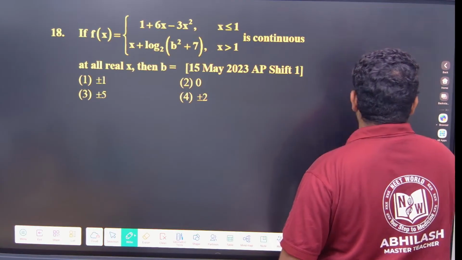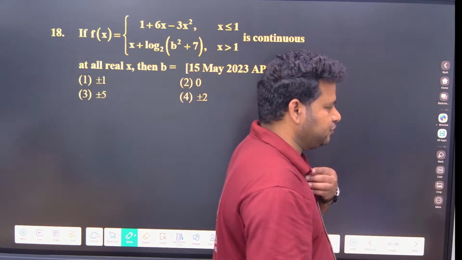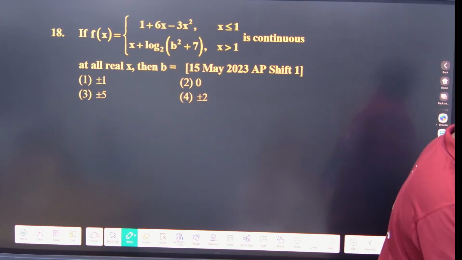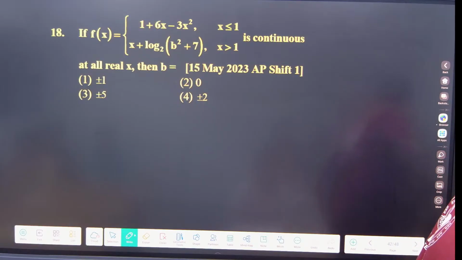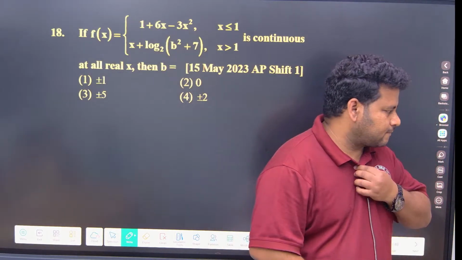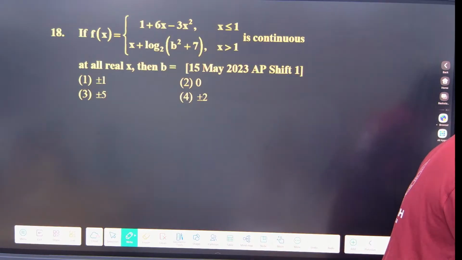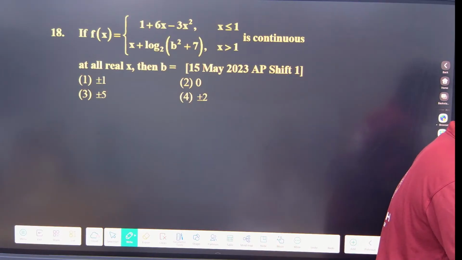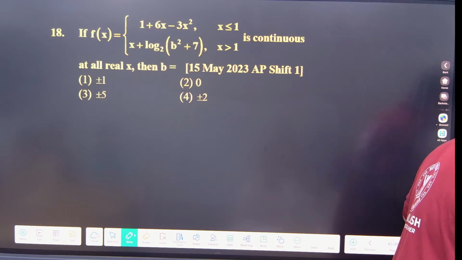Okay, please have a look at this question. All of you, please focus. Which question? This question I'll solve. Now I'll solve. Please have a look at this question.